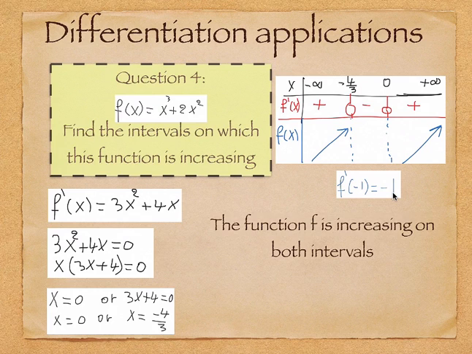You can substitute with another value as well, for example 1. If you substitute with 1, you get 3 plus 4, which is 7, and it's positive. You can see you get positive here.